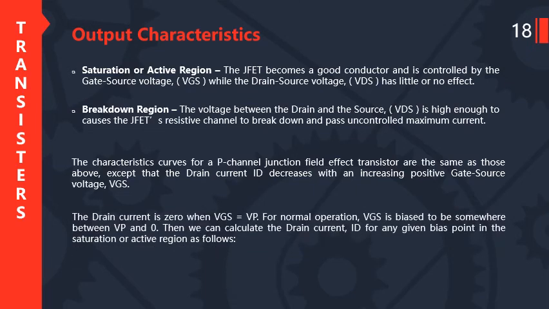The drain current is 0 when VGS is equal to VP. For normal operation, VGS is biased to be somewhere between VP and 0. Then we can calculate the drain current ID for any given bias point in the saturation or active region as follows.